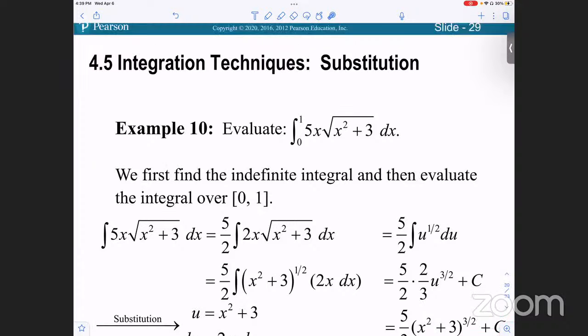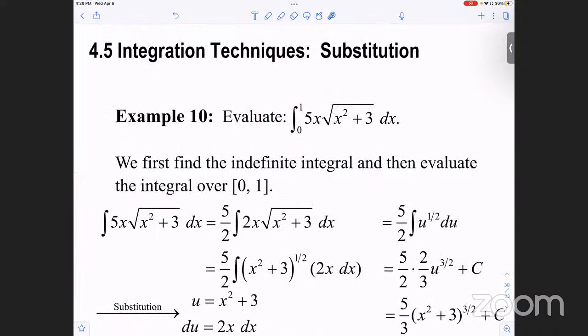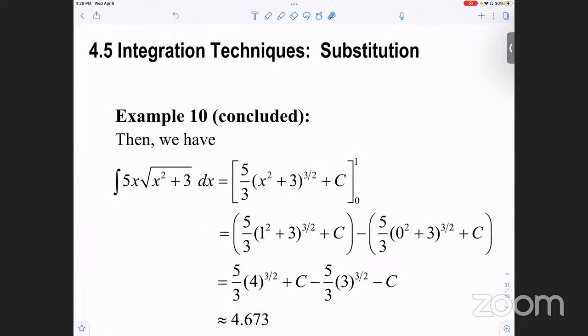Let me see. That over the integral from 0 to 1. Where you crunch it down, and we got the same result, right?